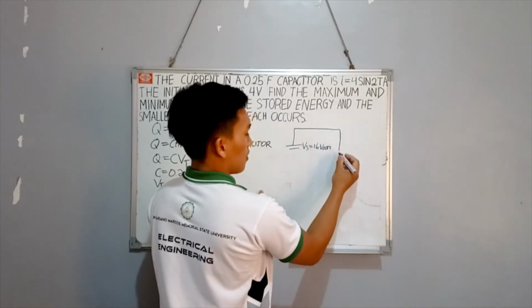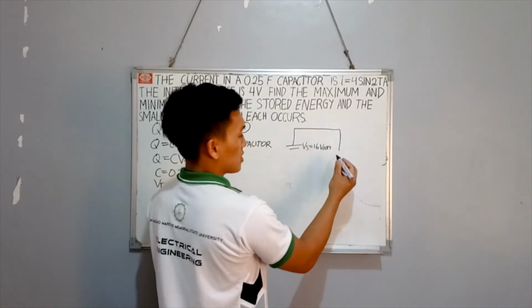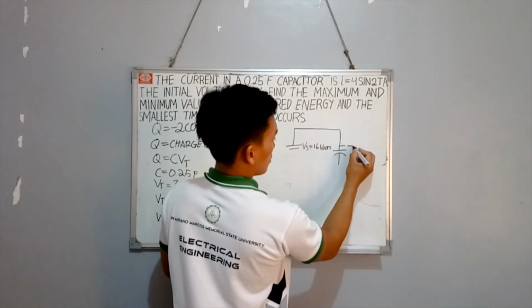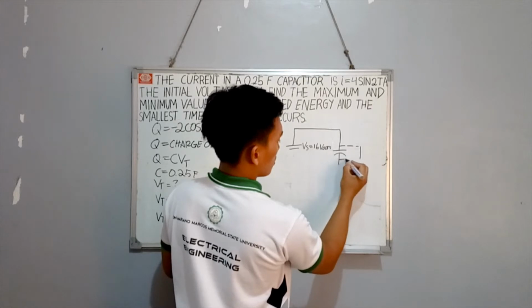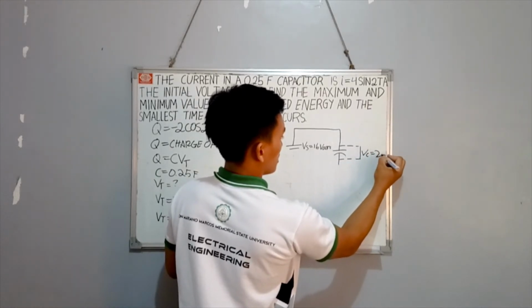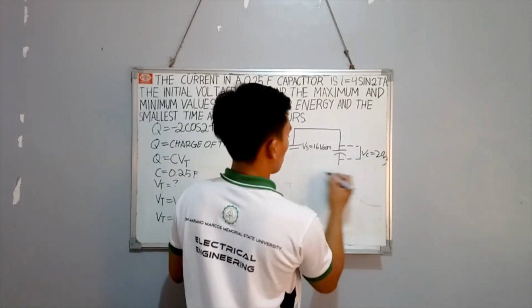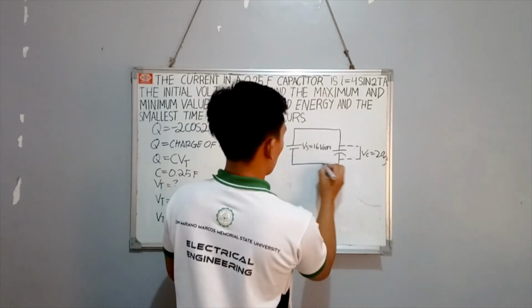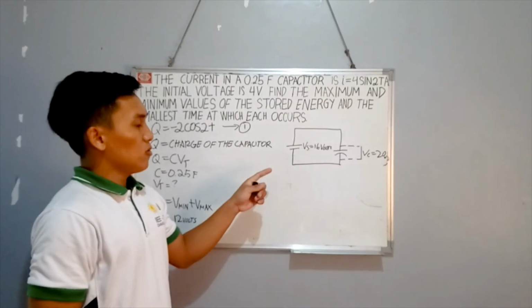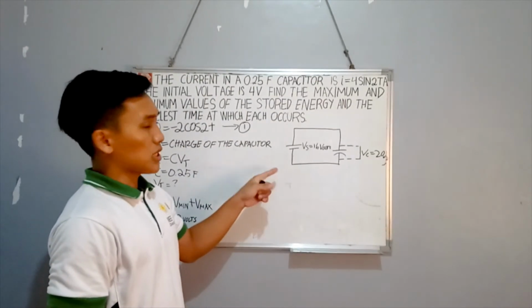And the voltage of the capacitor at max, VC, is equal to 20 volts. To get the voltage at the maximum, we should also use KVL.